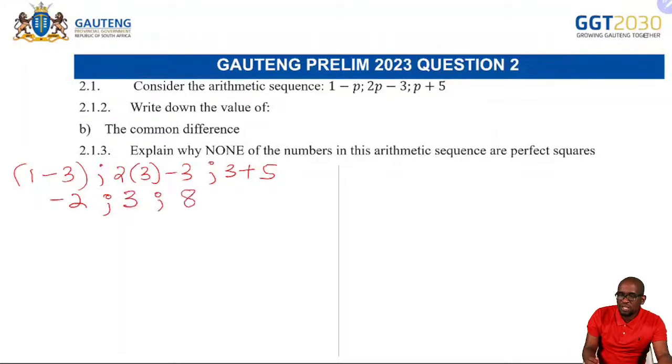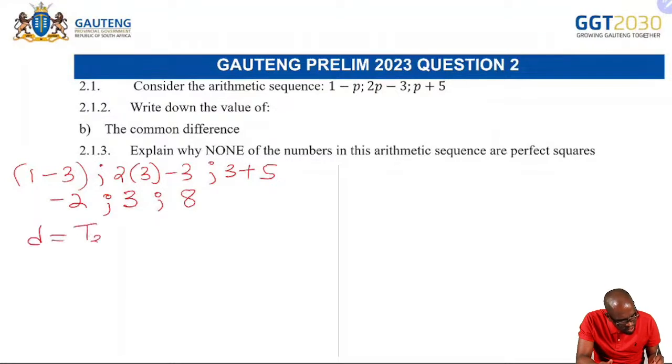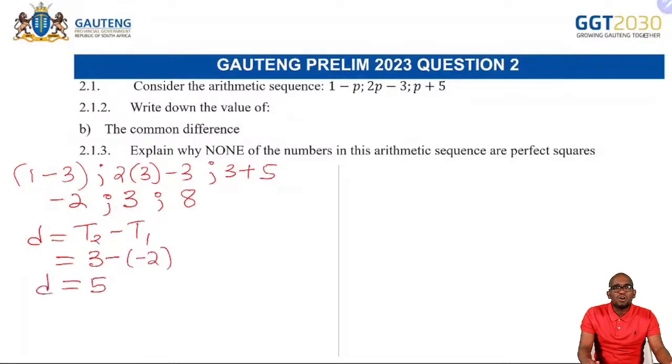So this would be your sequence now in terms of numbers, where you've eliminated the parameter p. So you can work out d. We know that d would be T2 minus T1, which means that it would be 3 minus negative 2, which means that d would be equal to 5. So your common difference in this case will be equal to 5.